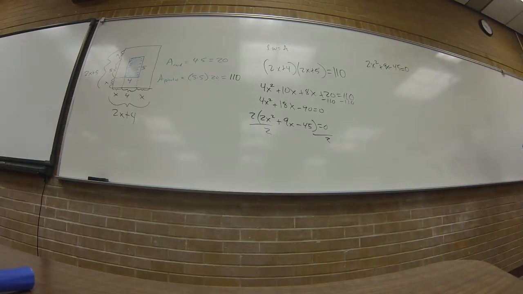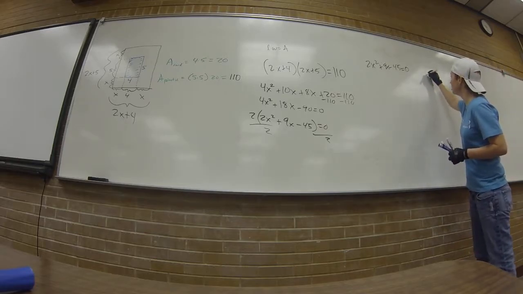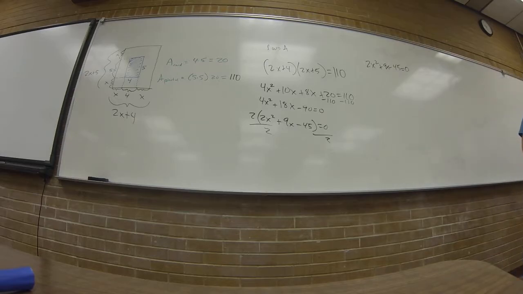Unfortunately, we can't get rid of that 2, which means we are forced into doing 2 times negative 45 and actually doing all of the grouping stuff. No shortcuts on this one. What is 2 times negative 45? Negative 90. So we need factors of negative 90 that add up to 9. I'd probably have to get out my calculator for this, and it's just not going to be 1 and 90, it's not going to be 2 and 45, not gonna be 3 and 30.